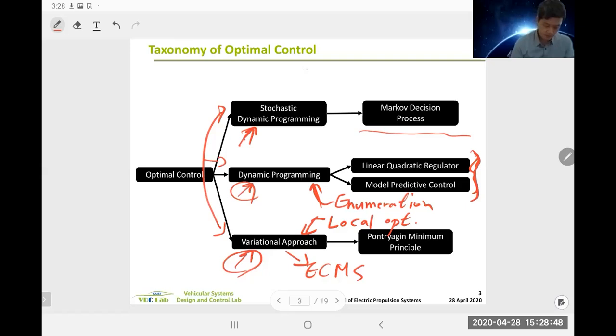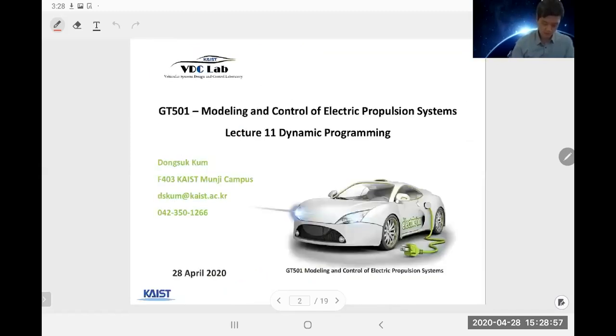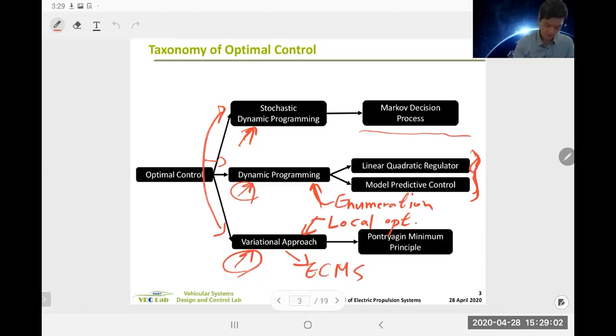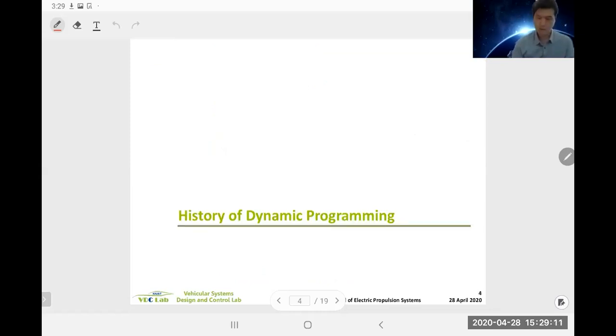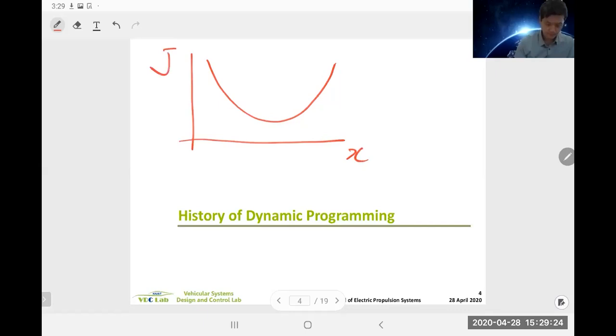For example, let's say you have a nice quadratic function, then using optimization techniques can be a very nice approach, because finding the local optimal will be the global optimal solution.